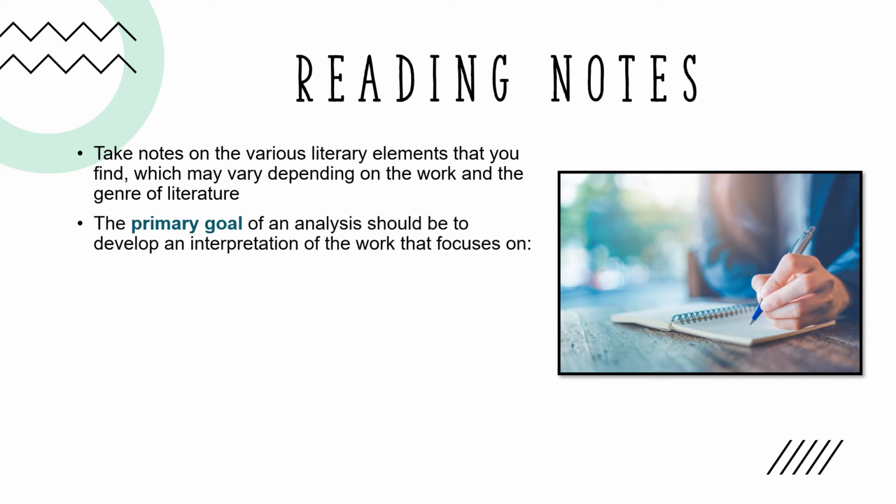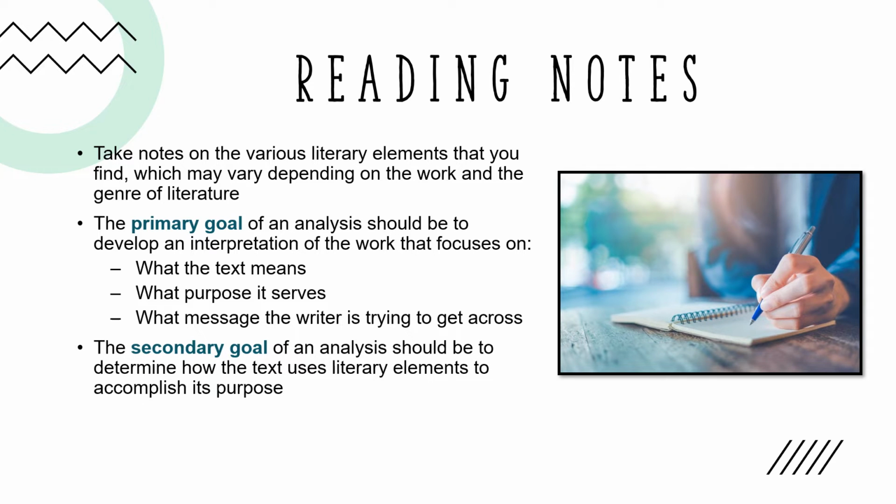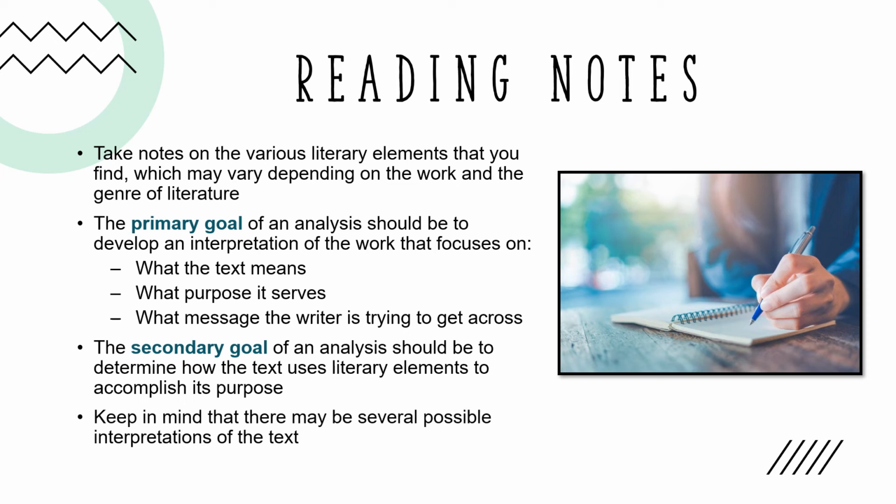The primary goal of an analysis should be to develop an interpretation of the work that focuses on what the text means, what purpose it serves, or what message the writer is trying to get across to the reader, while the secondary goal should be to determine how the text uses literary elements to accomplish its purpose or get its message across. Keep in mind that there may be several possible interpretations of the text. Watch for details that stand out to you personally.